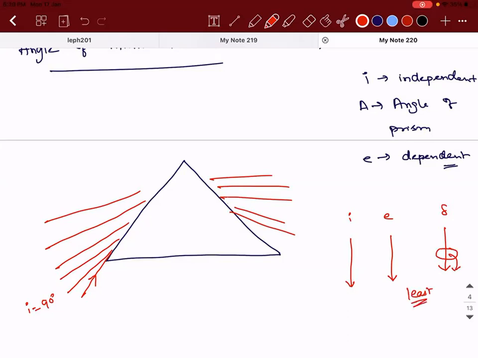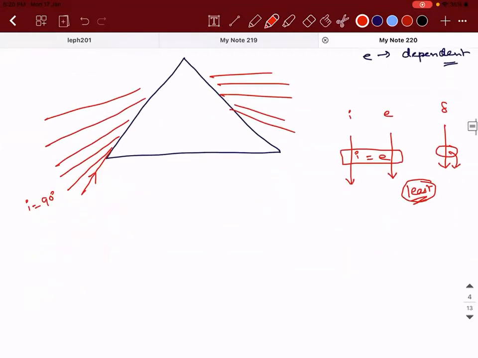Okay. So when you have that least value occurring, one important observation you need to make is that the angle of incidence and the angle of emergence will be equal in that scenario. And that is a scenario where the incident ray is said to undergo a minimum deviation. So at that scenario, I'll tell you how the diagram will look.